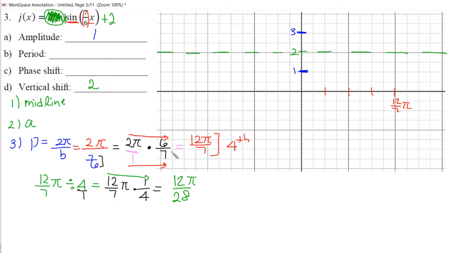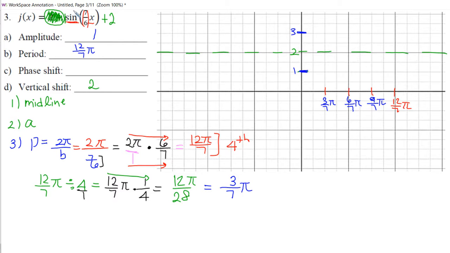Let's reduce that. 3 over 7 pi. So my first one is going to be 3 over 7 pi. It's going to go up by 3, so it's going to be 6 over 7 pi, 9 over 7 pi, and on. So my period is 12 over 7 pi.